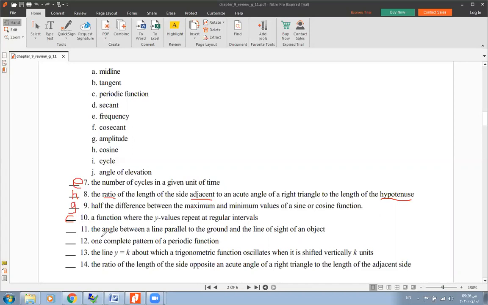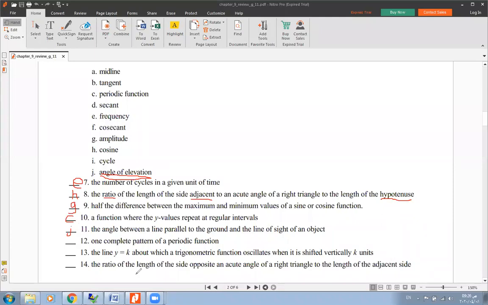What is it? Angle of elevation. Yes. The angle of elevation is the angle made by a line parallel to the ground, a horizontal line, and the line of sight to an object, and the object is up, so we're looking up. So this is letter J.